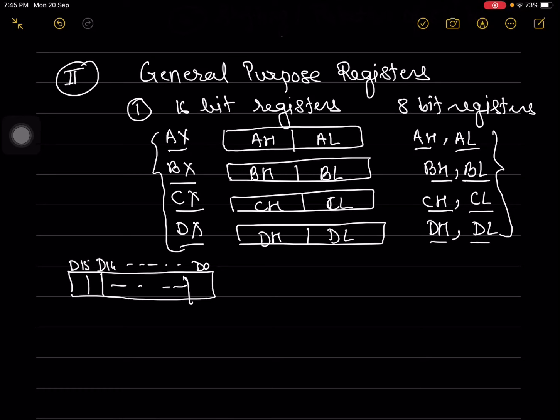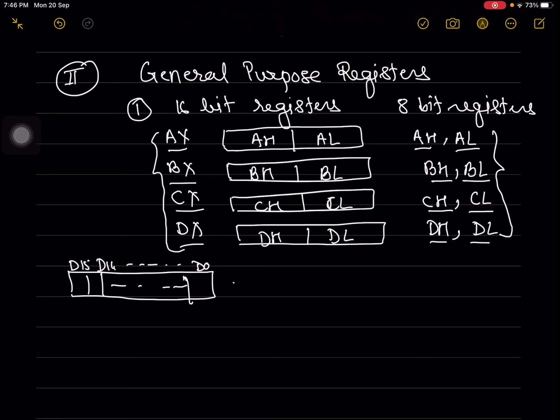Now these registers are general purpose registers, meaning the user can store data in them and use them as and when required in programming. But they have some specific purposes also, so they come into the category of specific purpose registers as well.